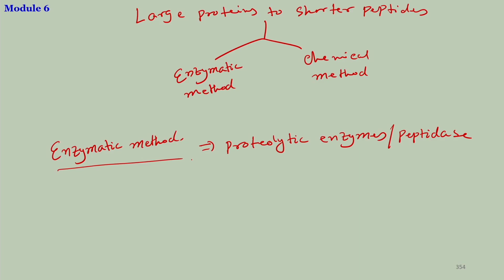There are many examples of such peptidases or proteolytic enzymes that are present in our body, in other animals, and in plants, and they have very important applications. Especially the proteolytic enzymes or peptidases are very important in our metabolic system.